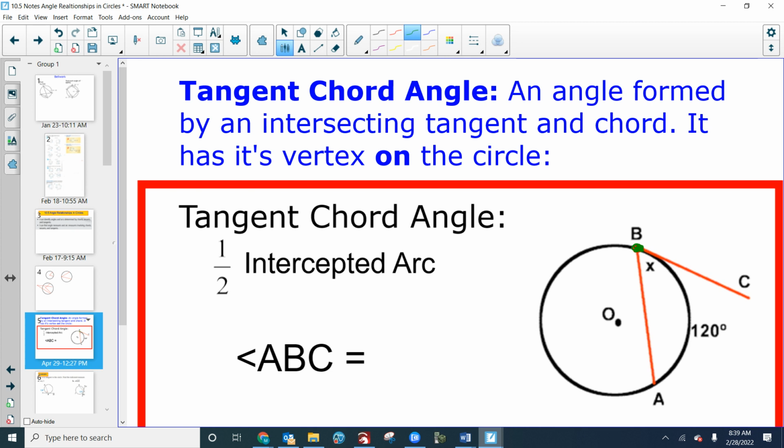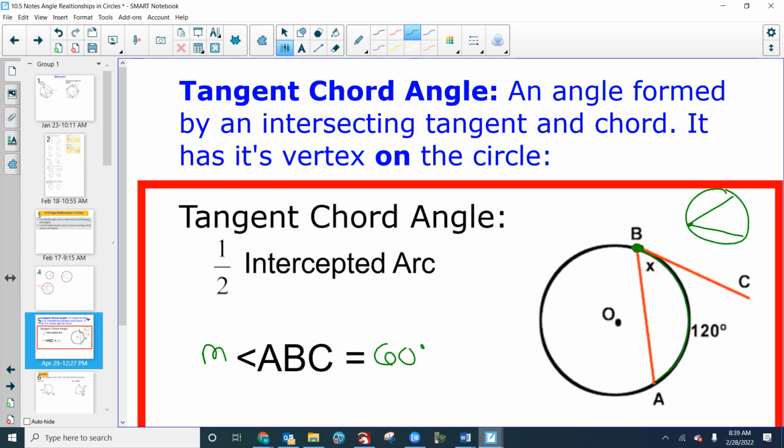Watch up here for just a second. Do you agree the arc goes from here to there? It's kind of weird because last week we talked about inscribed angles where we had two chords going across the circle. This one's a tangent and a chord. If you have a tangent and a chord, the intercepted arc goes from the vertex to the other endpoint of the chord. So we have half the arc, and the measure of angle ABC would be 60 degrees.